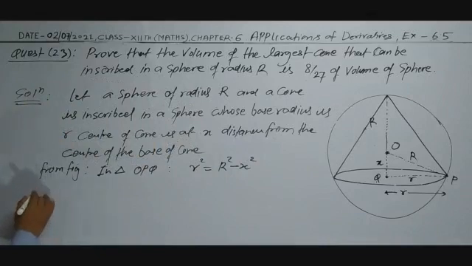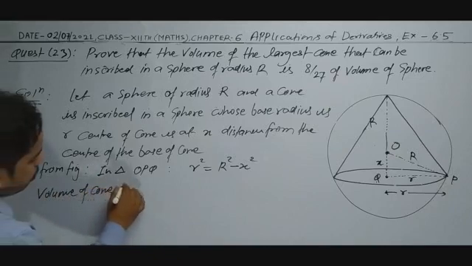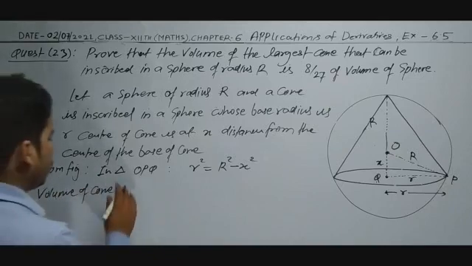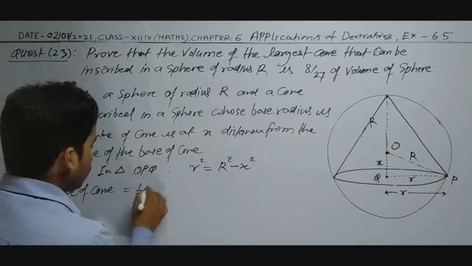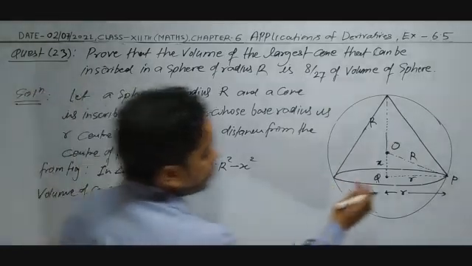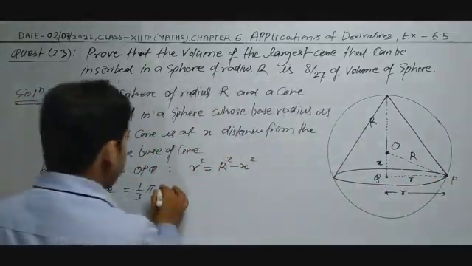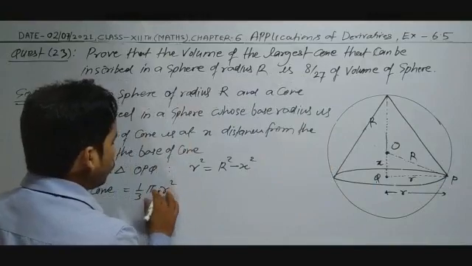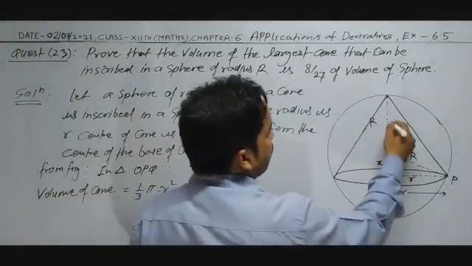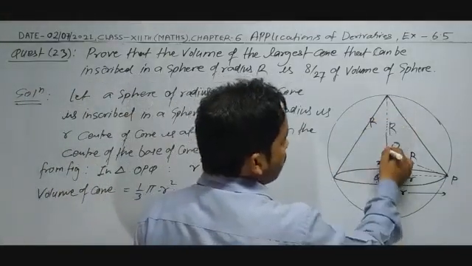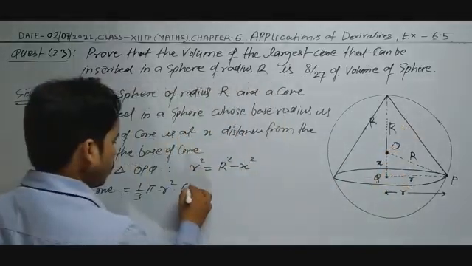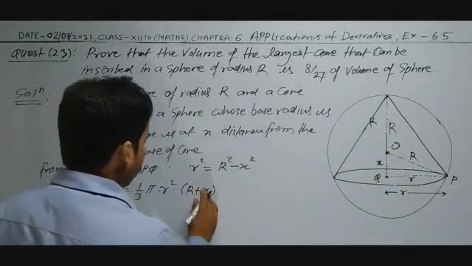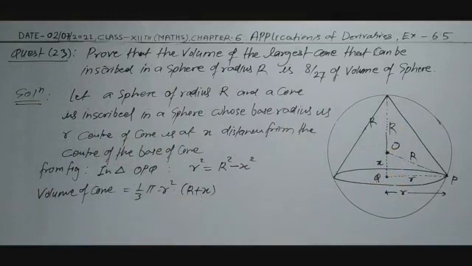Now the volume of the cone is 1/3 pi r square into h. What is the height of the cone? The height is R plus x.